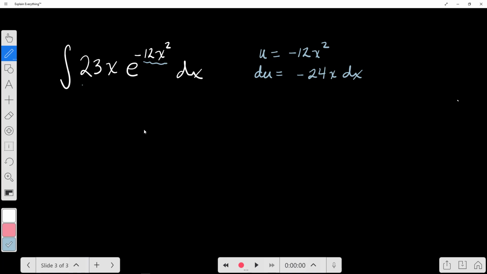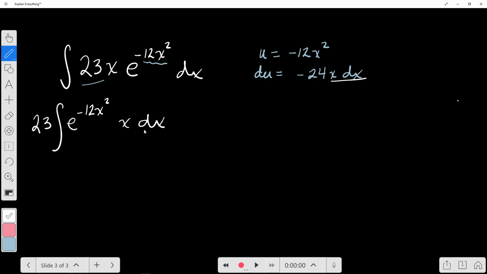I see a 23, but I don't see a 24 or a negative. So what I want to do, and let's just rewrite this order, is 23 e to the negative 12x squared, and then x dx.